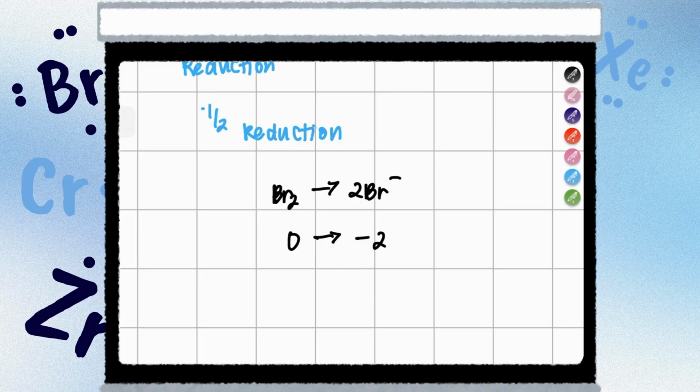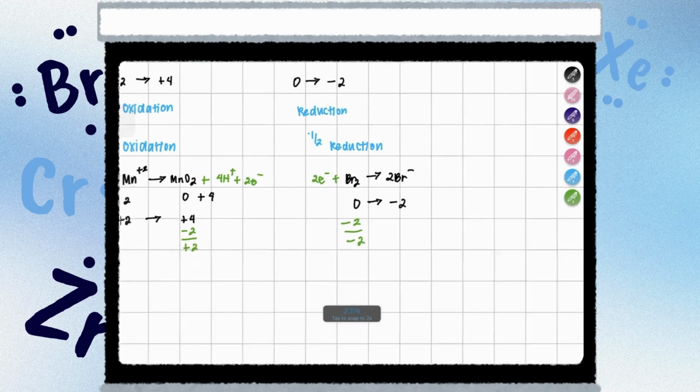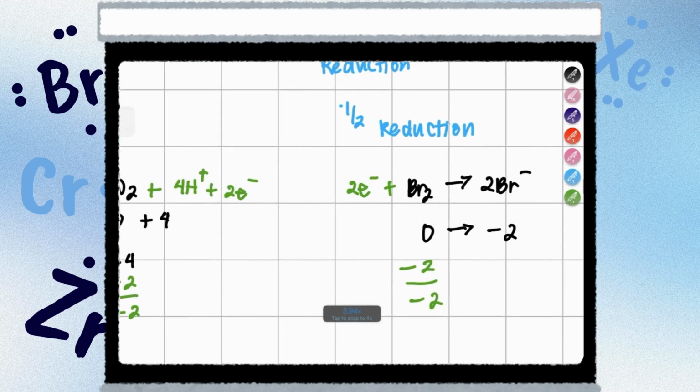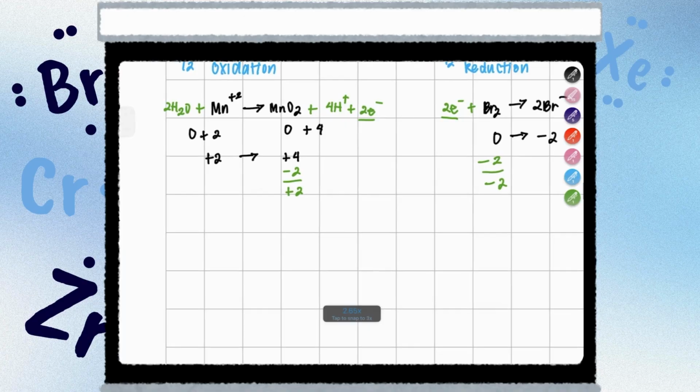So you have to add 2 electrons sa side na to para mag-balance out siya. Ayun. So, we have the same amount of electrons on both sides. It means we do not have to multiply in order to get a same number of electrons on both equations.